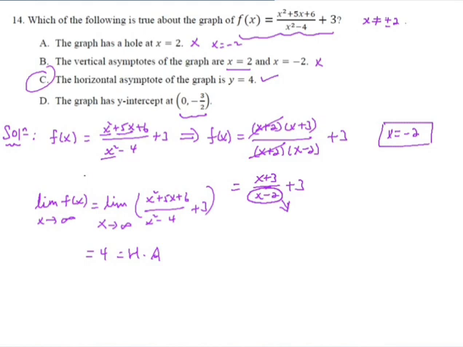Then the remaining will be 6 over minus 4 plus 3, which is minus 3 over 2 plus 3, or 3 over 2. So the y-intercept is (0, positive 3 over 2), not negative 3. Due to this negative, the statement in D is false. So definitely our answer for this problem is C.